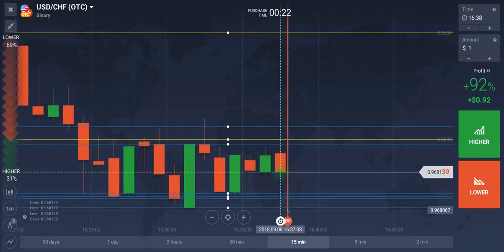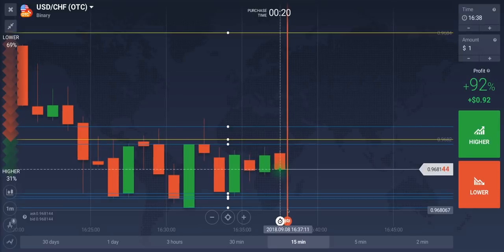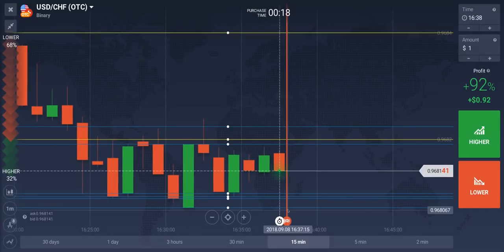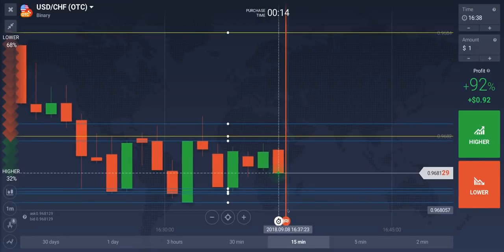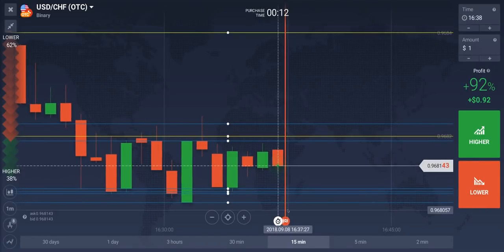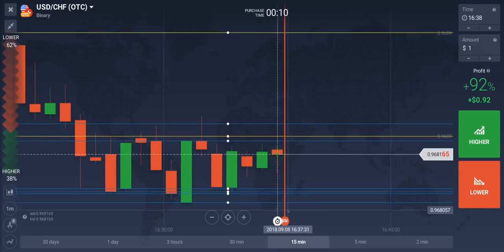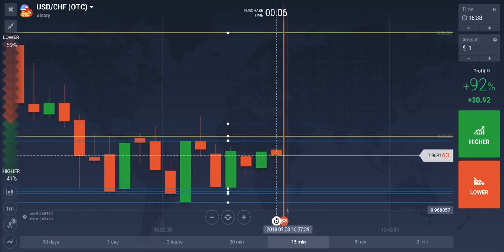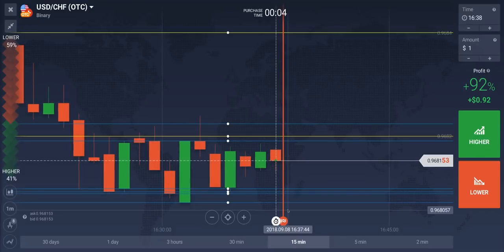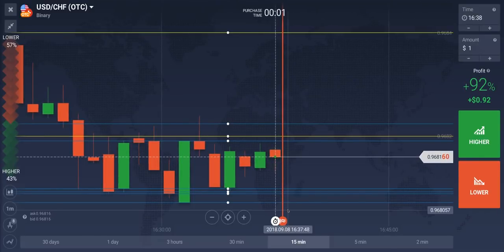So this is what I basically want you to understand in this video about potential SNR levels, and how the SNR level can trigger price in the direction of the market to create pressure. Basically, from a psychological aspect, these are the levels where the buyers or sellers are waiting to enter.